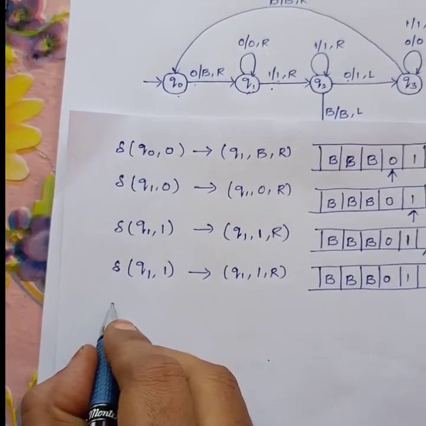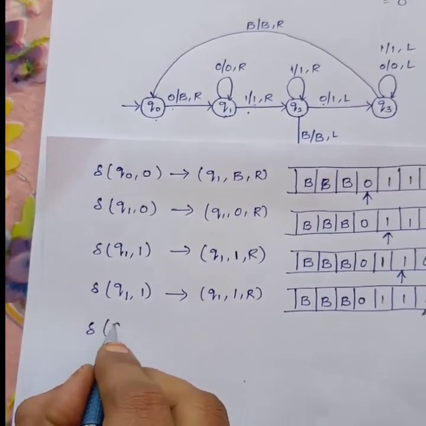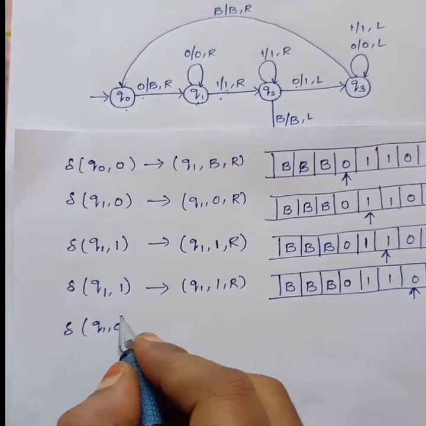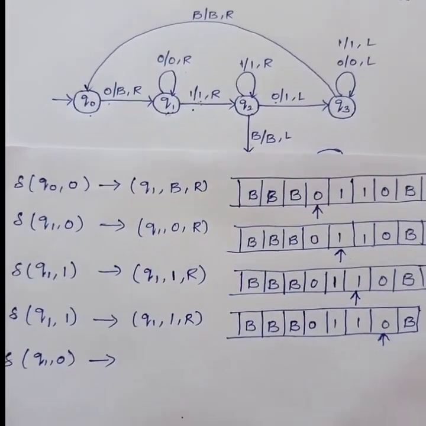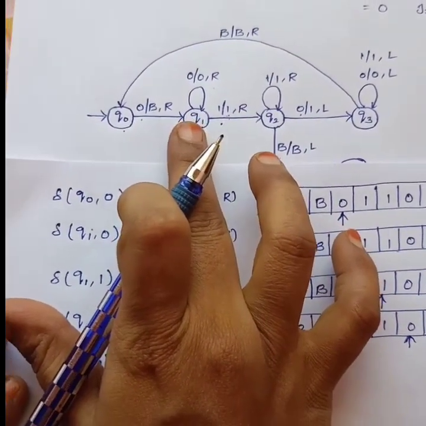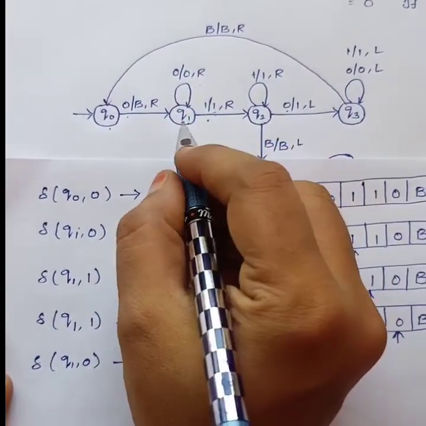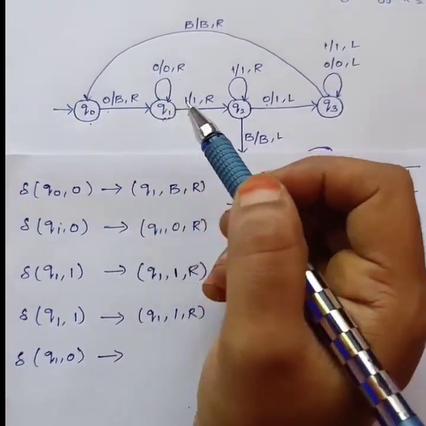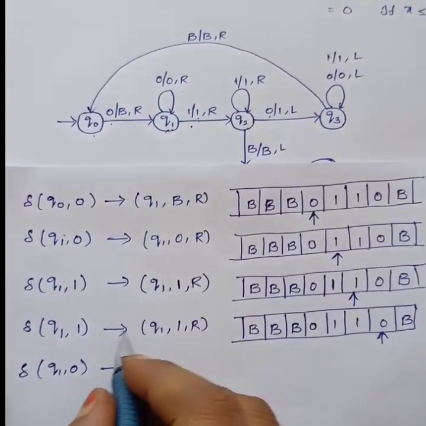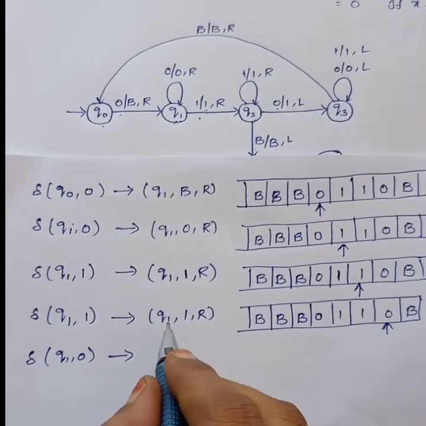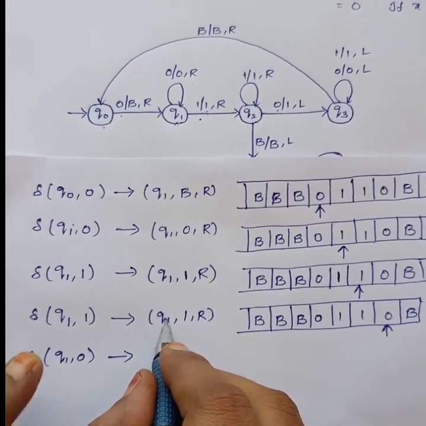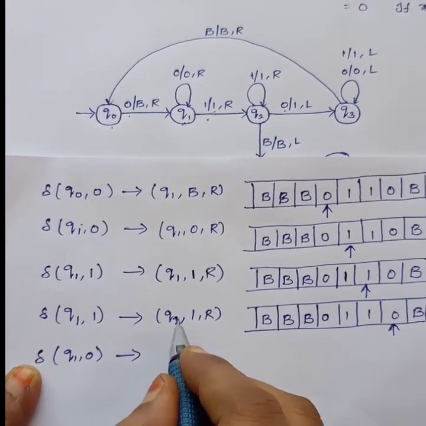Now here in Q1 state, now I am getting input as 0. Sorry, if I get 0 in Q1 state, I am moving to Q2 state.